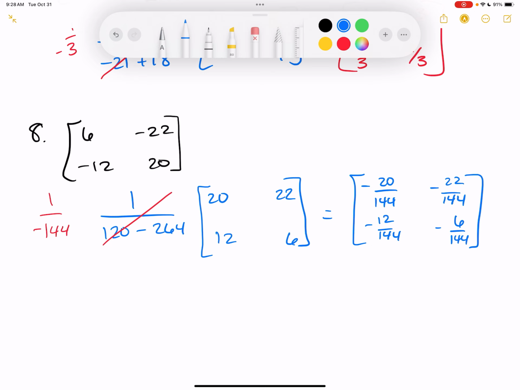So get out your calculator and put this matrix in. I'm going to show you how to do the inverse on your calculator. The matrix. So this one, the original problem.